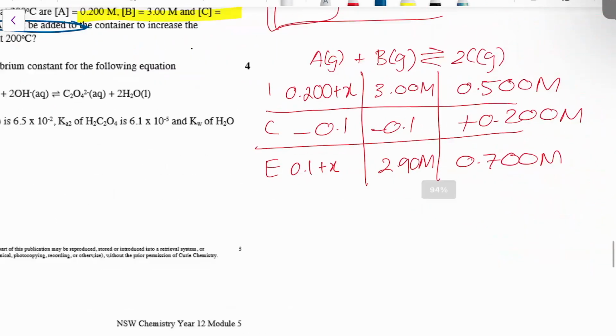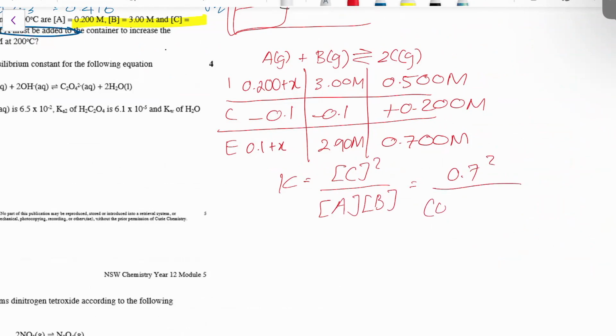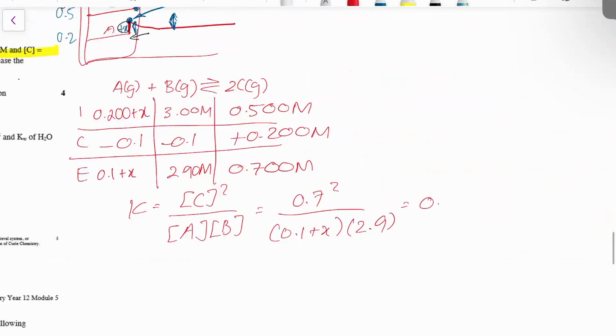So for me to solve for X, I set up my equilibrium expression again. K is C squared on AB, and that's 0.7 squared over 0.1 plus X times 2.9, which is equal to the K value we figured out for the previous equilibrium, 0.416.